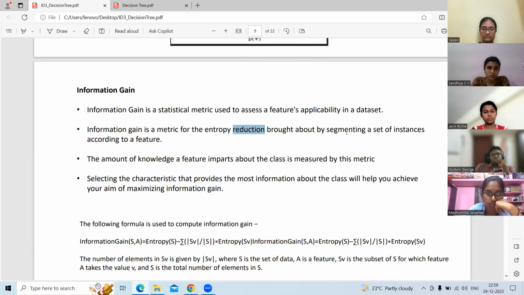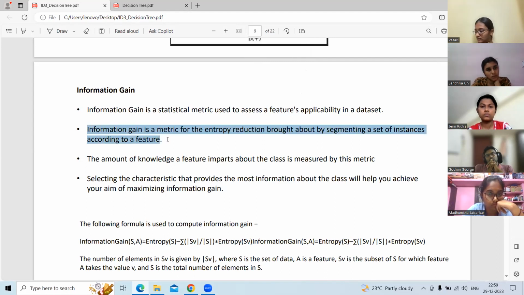This is brought about by segmenting instances. We are dividing instances based on the classes, which we have already discussed. This is mostly applicable in categorical data where we have limited outputs, limited classes. That is where we use information gain.